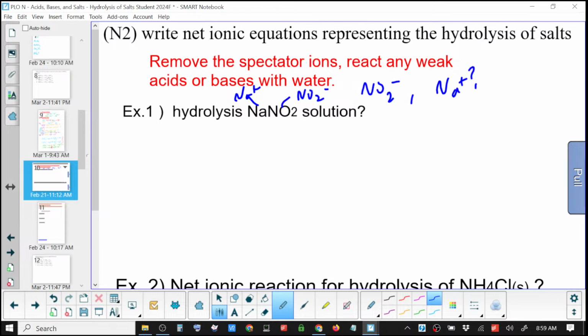Why? Because it can't donate a proton. But it could accept one. No, because it's positive. I can write the equation. It's easy. Is it soluble?